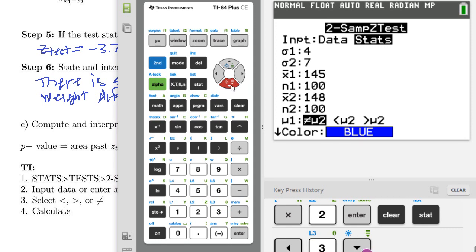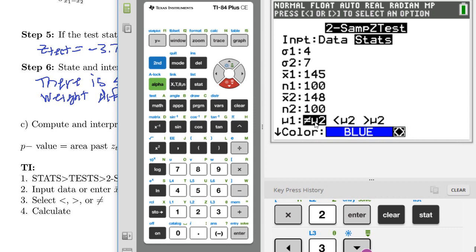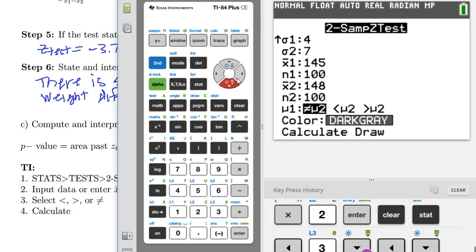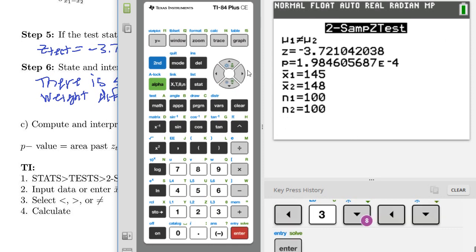Sigma 1 is 4, sigma 2 is 7, x1 145, sample size 1 100, x2 148, n2 100, and then we are doing a not equal test. And then we hit calculate, and there we see our alternative hypothesis, our test statistic, there's our p-value, same that we got by hand, and then sample sizes and means. So this does confirm what we did by hand.